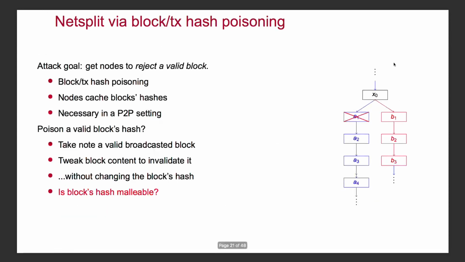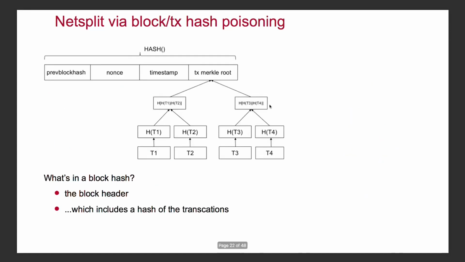So now the question here really is: is the block hash malleable? Can we take a block and change something inside the block without changing its hash? If we can do that, then we can perform a net split attack on the network. So what's in a block hash? Well, this is probably not Bitcoin, but looks like Bitcoin.